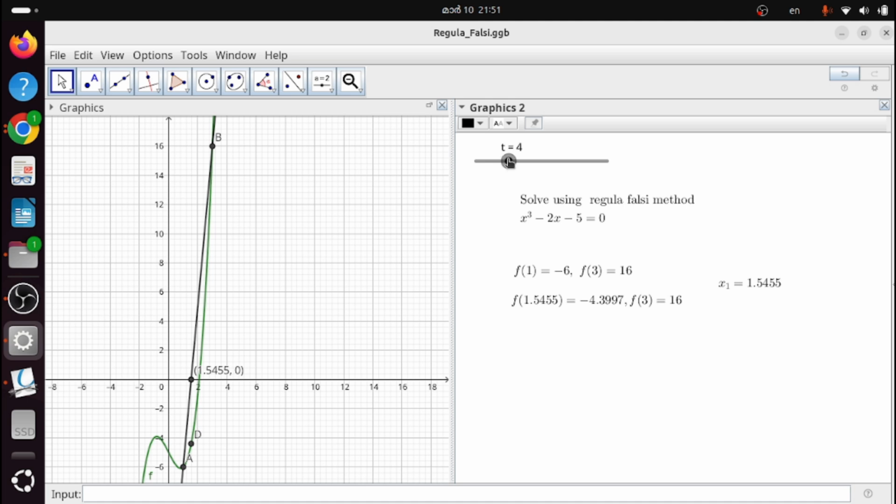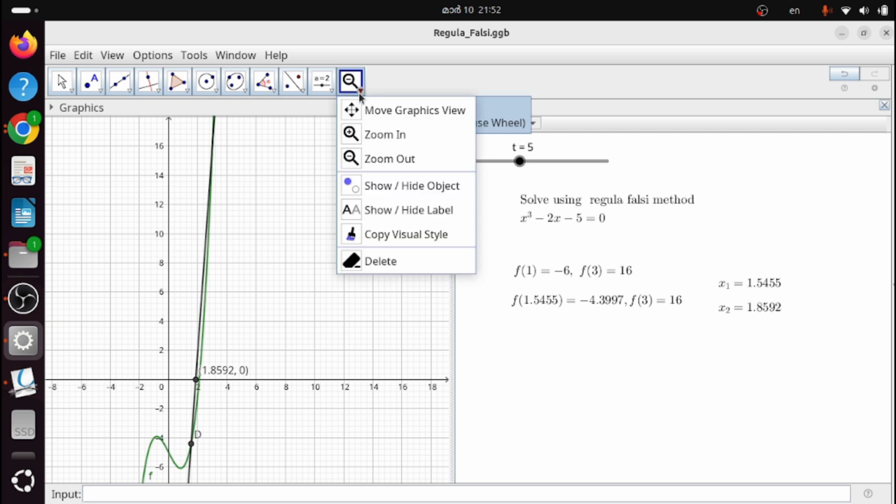Now, in the next step, we will find the secant line joining D and B, where D is the point on the function at 1.5455. That means the coordinates of D are 1.5455 and minus 4.3997. If you join those two points, again we will get the next false position as 1.8592.